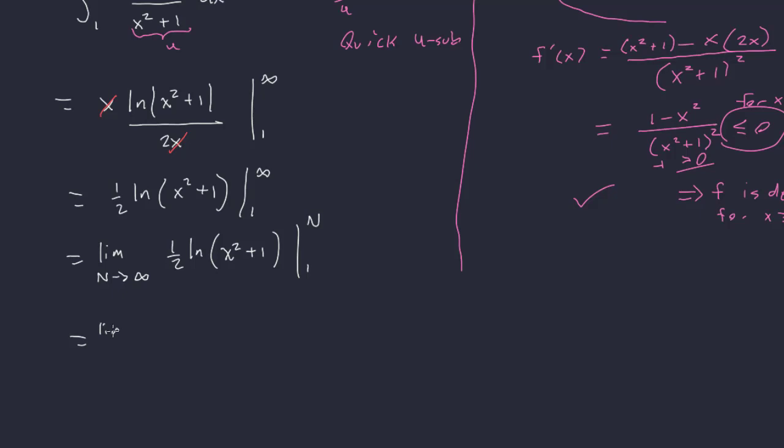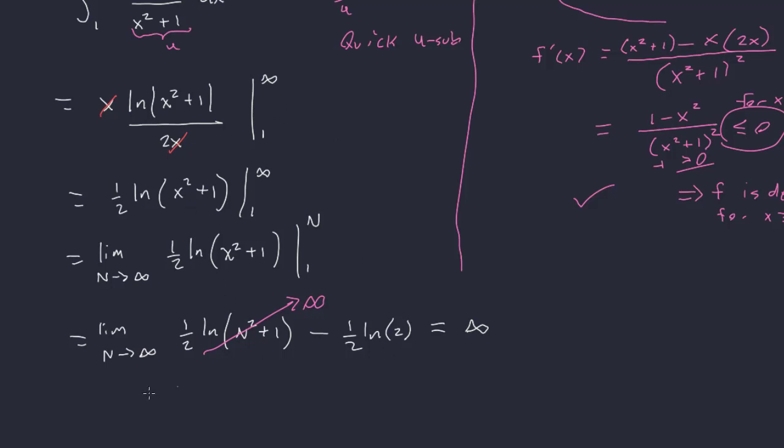All right, and so when we use the fundamental theorem of calculus, we'll get 1/2 natural log of n squared plus 1 minus 1/2 natural log of 2 when we plug in the 1. All right, so as n goes to infinity, n squared plus 1 goes to infinity, natural log of infinity is infinity. This piece is going to infinity, then we're subtracting some finite number, so the whole thing goes to infinity.